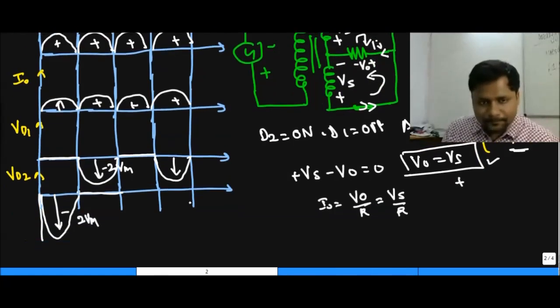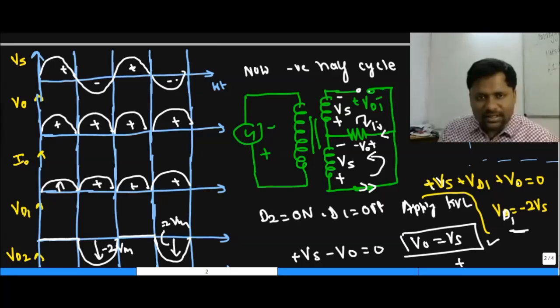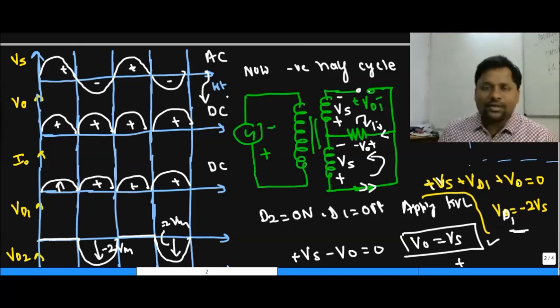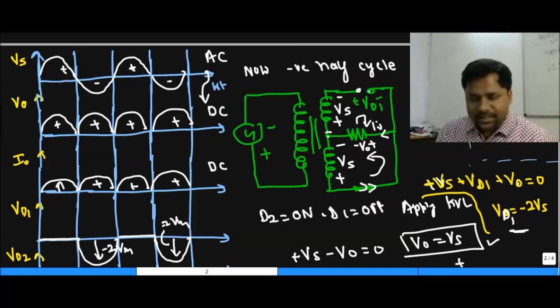So supply voltage is AC. We are obtaining the DC waveform like this. This is called the full wave rectifier using a midpoint connection for the R load. So I think you will understand this.